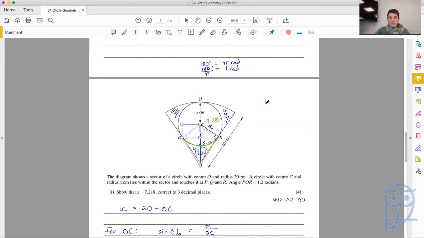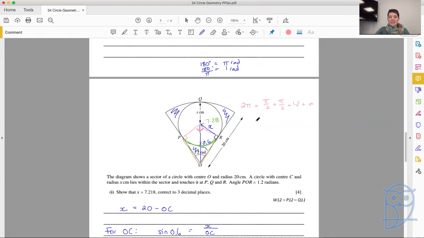We've got pi over 2 plus pi over 2 plus 1.2 plus our angle of interest. Oh, we can't use X, they've used X, let's use A for angle. And angles in a quadrilateral sum to 2 pi.